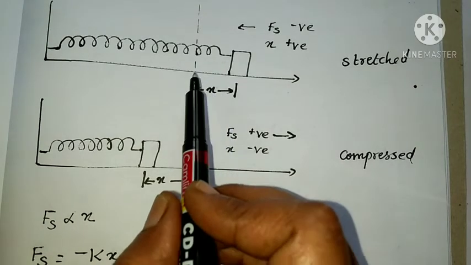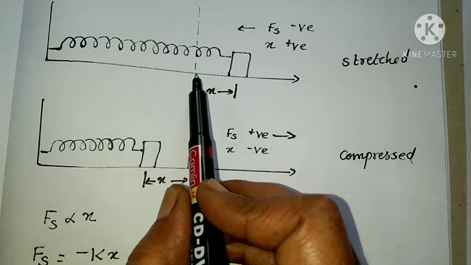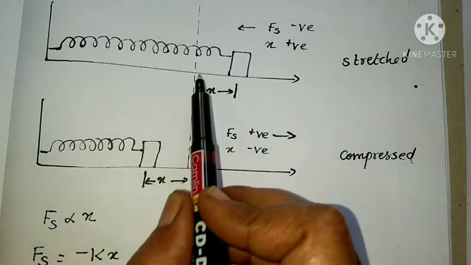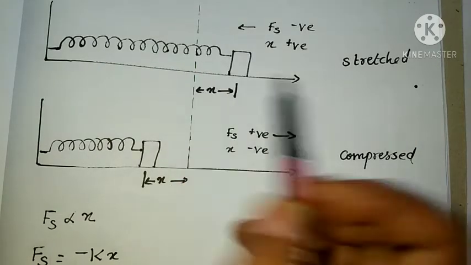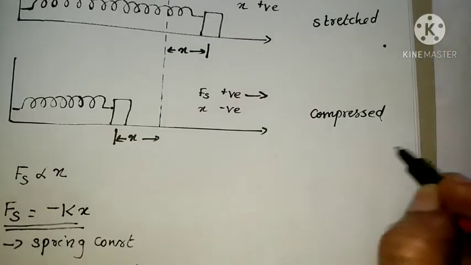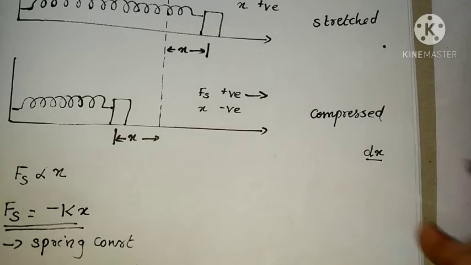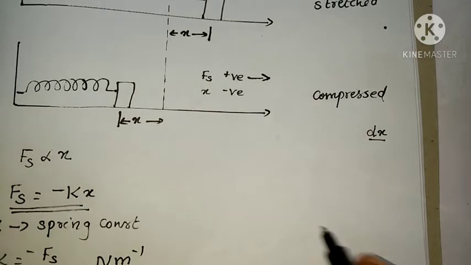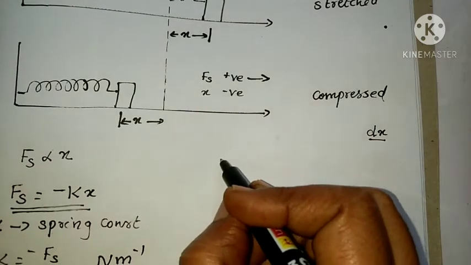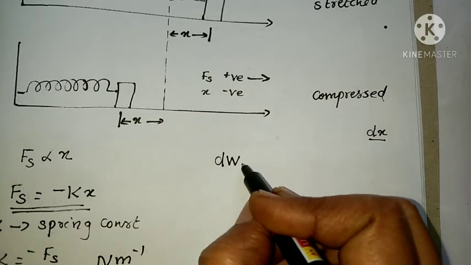You consider that the spring stretches or compresses through a small distance dx. To move the spring through a small distance dx, what is the work done here? That is the small work done, dWs.